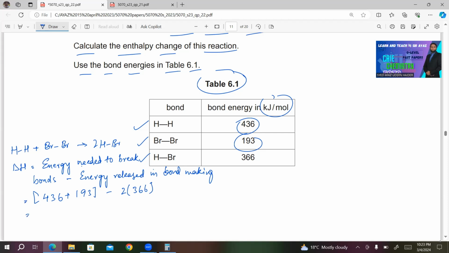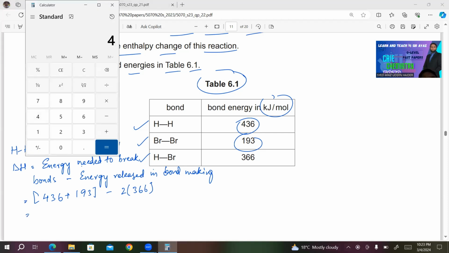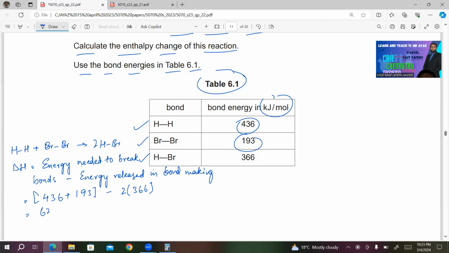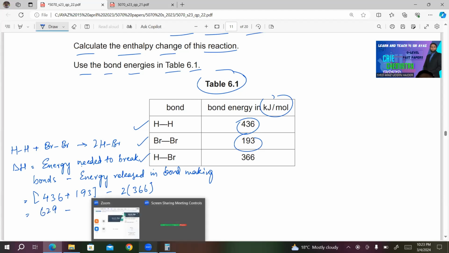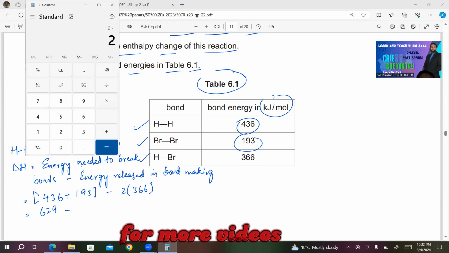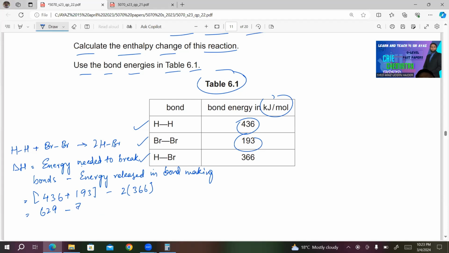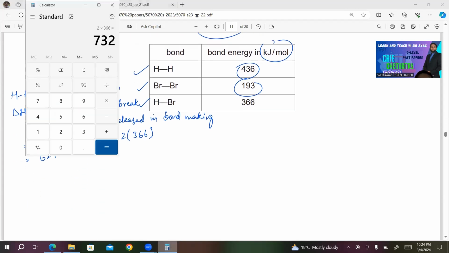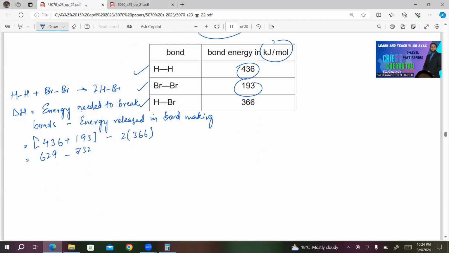So we will get 436 plus 193, 629, minus 2 multiplied by 366, 732. So the final answer must be 629 minus 732.